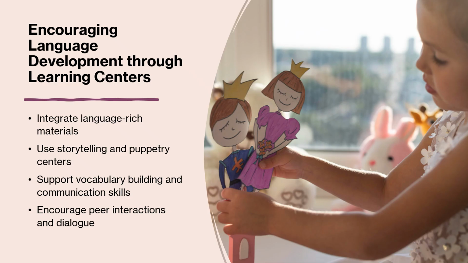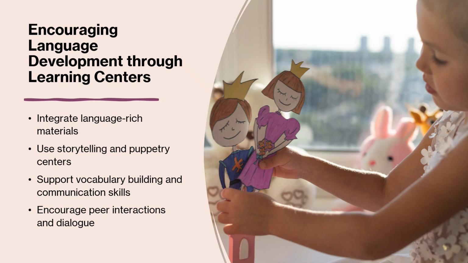Language development is a core focus across all learning centers. Providing language-rich materials such as puppets, storybooks, and picture cards encourages children to practice speaking, listening, and telling stories. A storytelling or puppet center invites imaginative play and dialogue, enhancing expressive language.